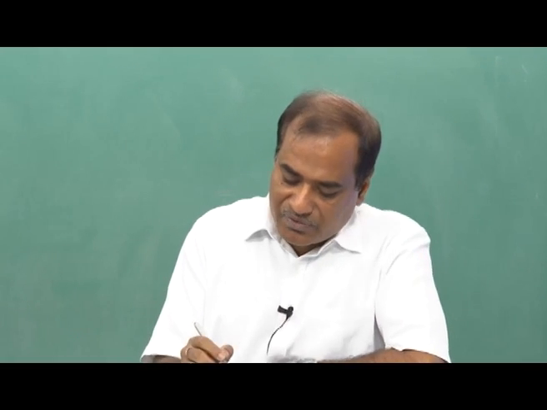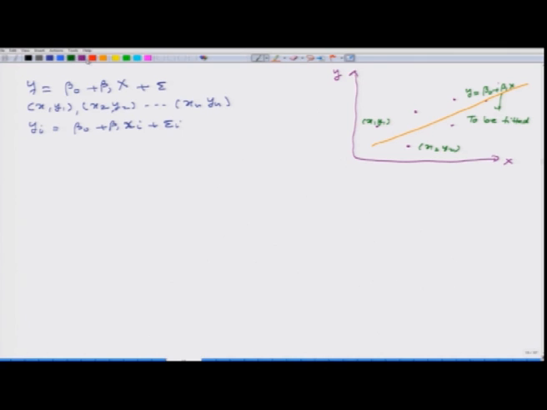In this case, we also had assumed that this epsilon i has mean 0, variance sigma square, and we also assume that the epsilons are IID. That means they are identically and independently distributed. At this moment, I am going to make an assumption that the epsilon i's are IID and following a normal distribution.